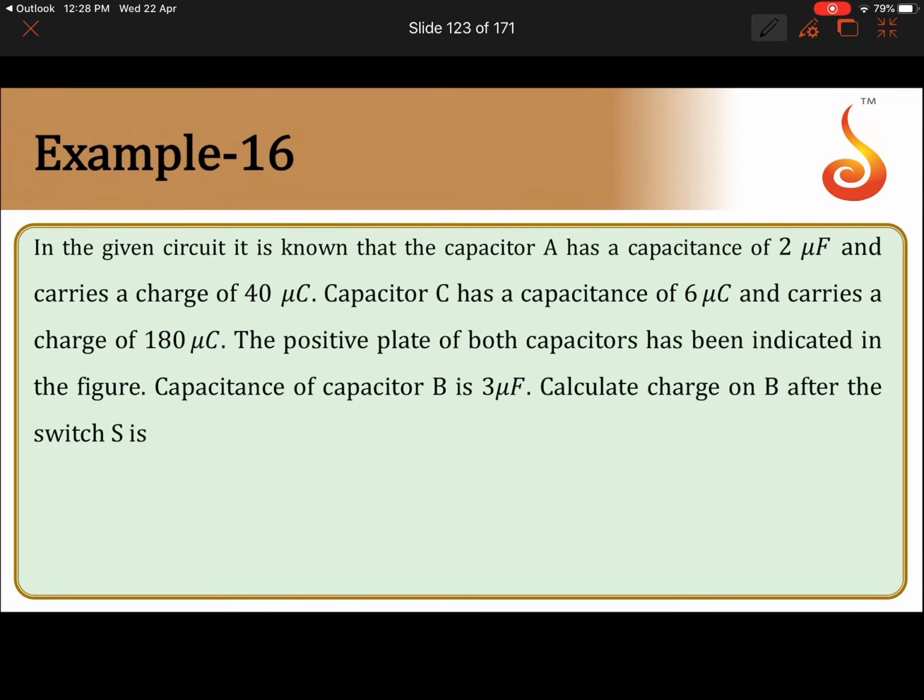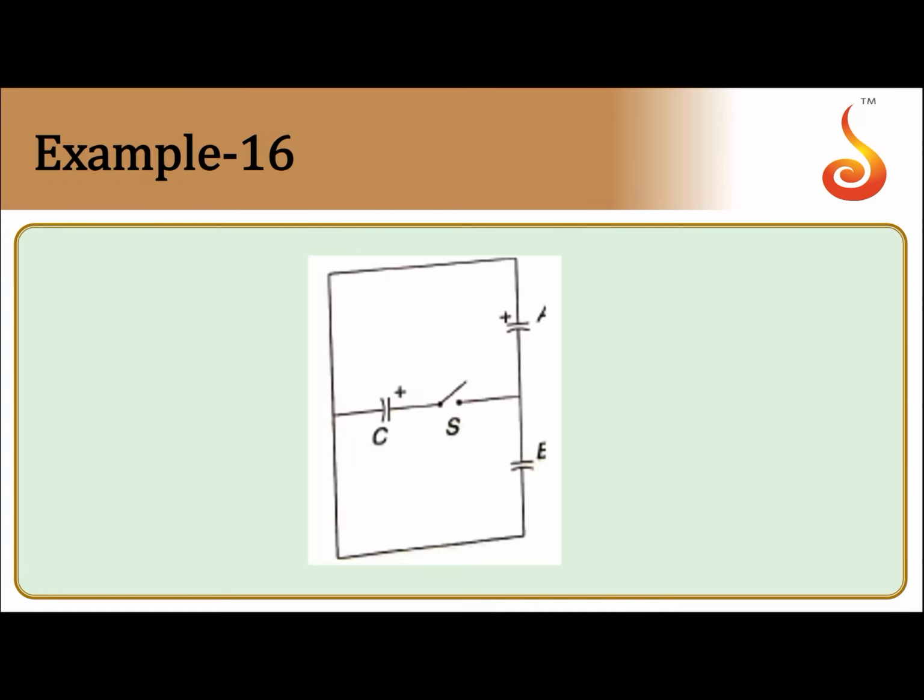The positive plate of both has been indicated in the figure. Capacitance of B is 3 microfarad. Calculate the charge on B after the switch S is closed.